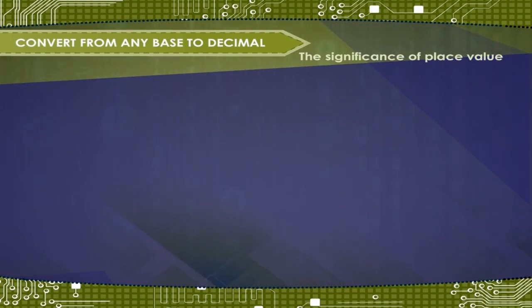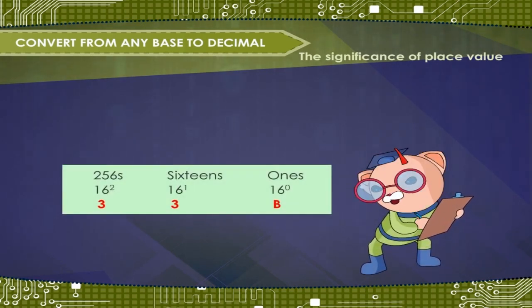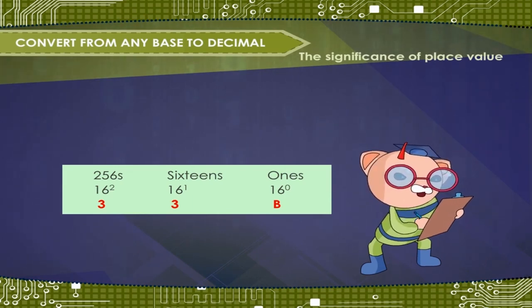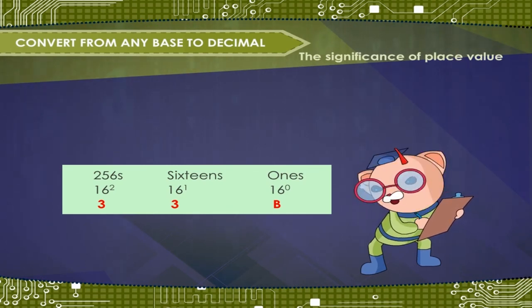Convert the hexadecimal number to decimal. Let us convert the hexadecimal number 33B base 16 to decimal notation. Since you are using a base 16 number system, the columns of your table are now powers of 16. So we were converting 33B from hexadecimal to decimal, and we know this is going to be raised to the power of 3.